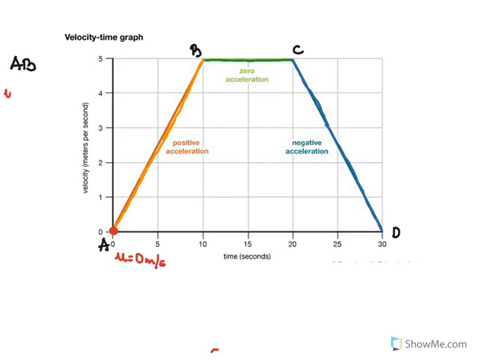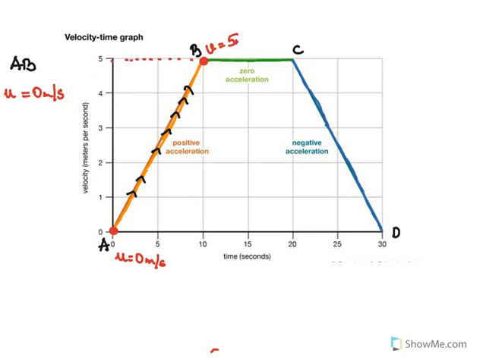So I'm going to write here, initial velocity is always written as u, which is 0 meter per second. Then the velocity keeps on increasing till we reach the point B. What is the velocity at point B? We call it the final velocity, and that is 5 meter per second.